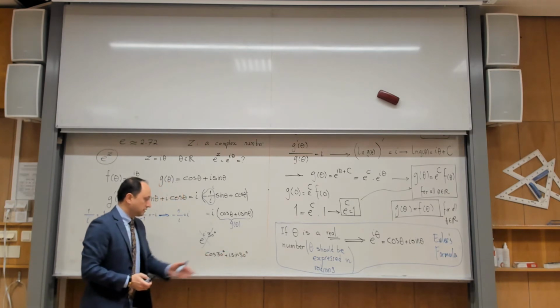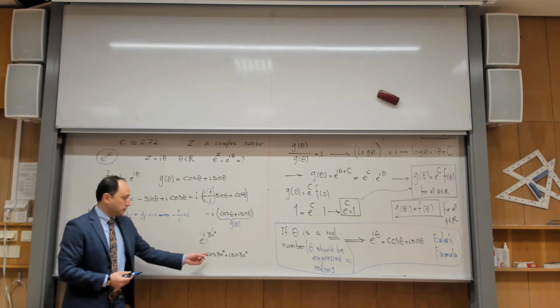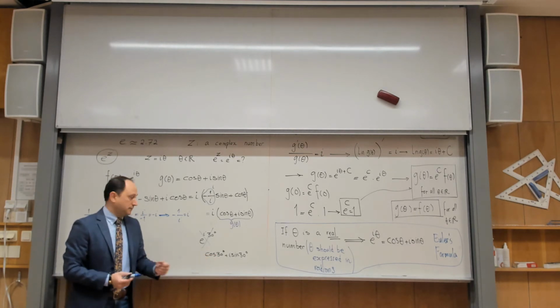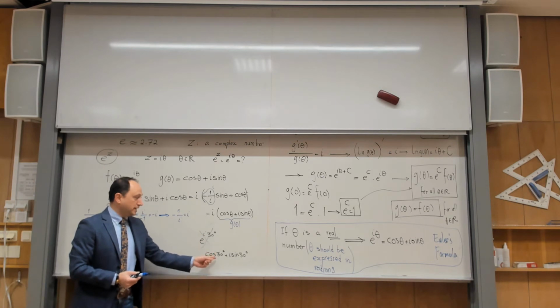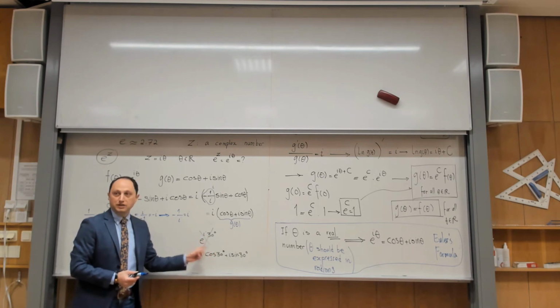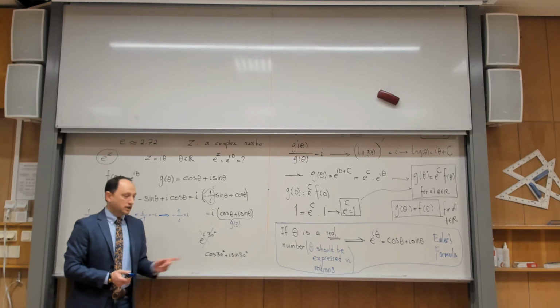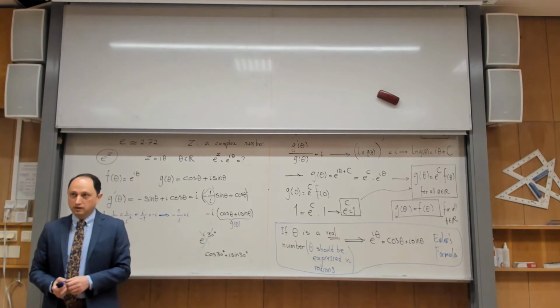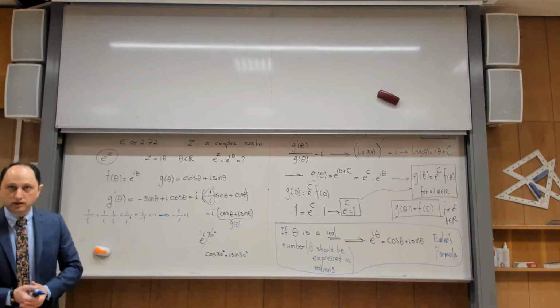This is a valid expression, even though theta is expressed in degrees. But the point is that if you express it in degrees, you shouldn't expect that these two be the same. Yes? If you want these two to be the same, you have to express theta in radians. In that case, they are the same.